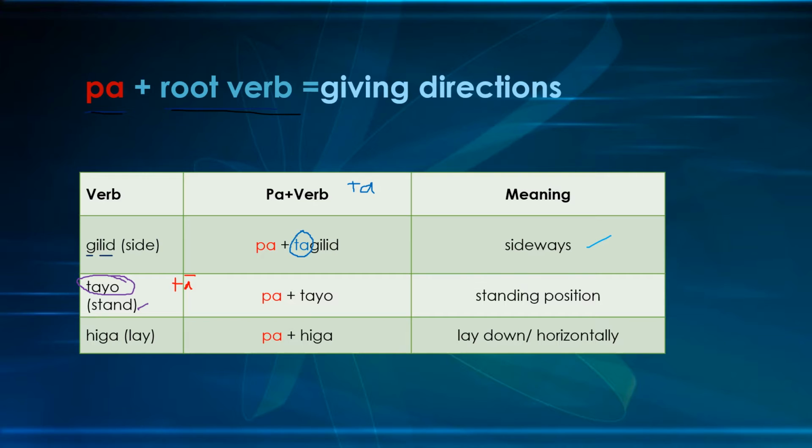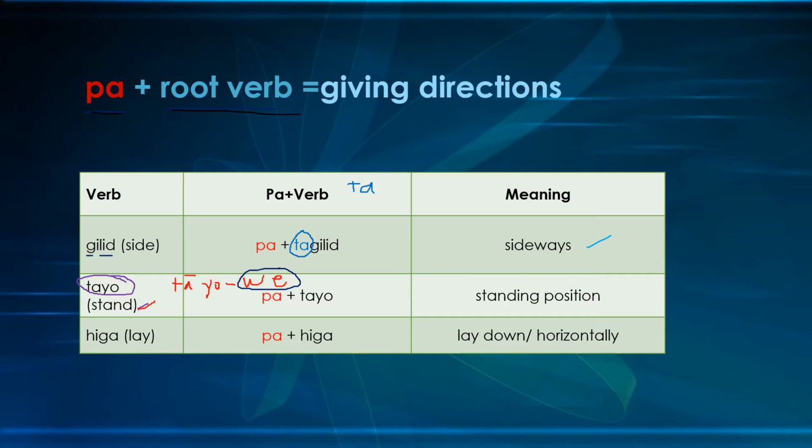If we prolong the ta, tayo, it means we. But if we say this word faster, tayo, it means stand. The meaning of the prolonged one is we. So don't get confused about that.